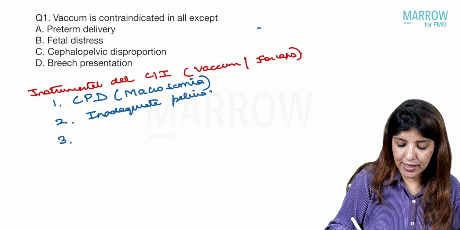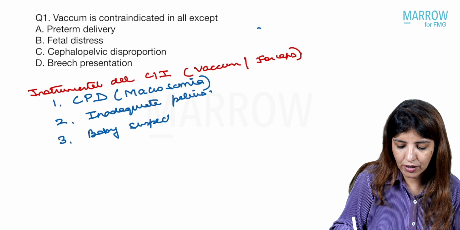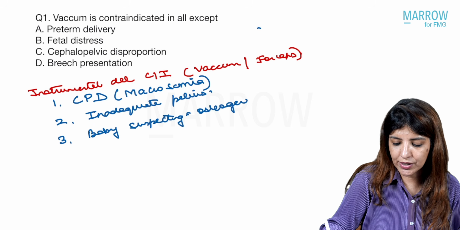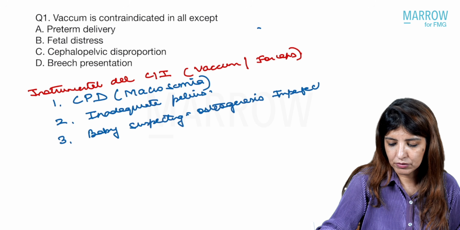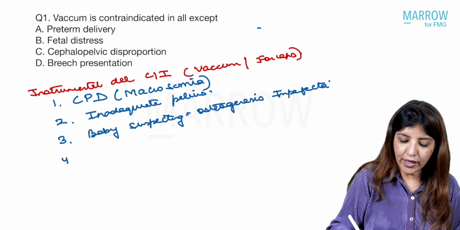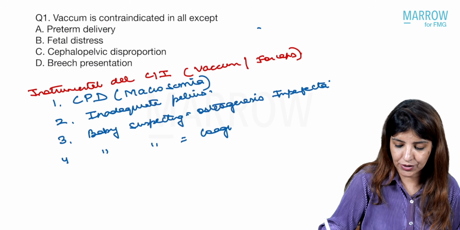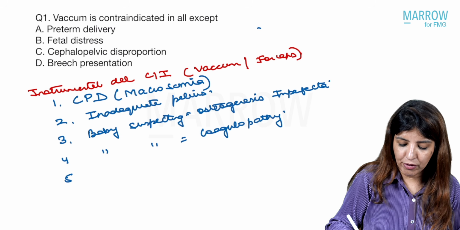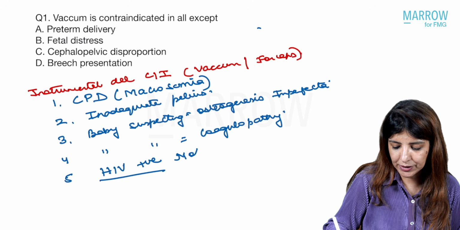Number 3 is if in the baby you are suspecting bony deformities like osteogenesis imperfecta, right? Or in the baby if you are suspecting coagulopathies. And number 5, if it is an HIV positive mother.